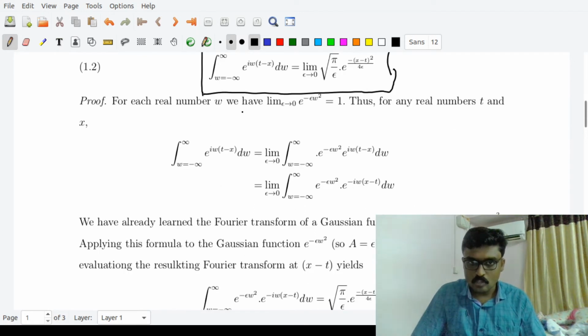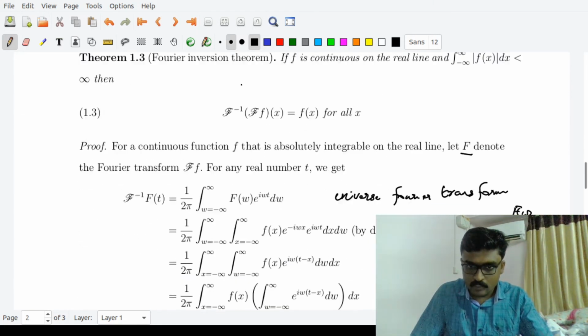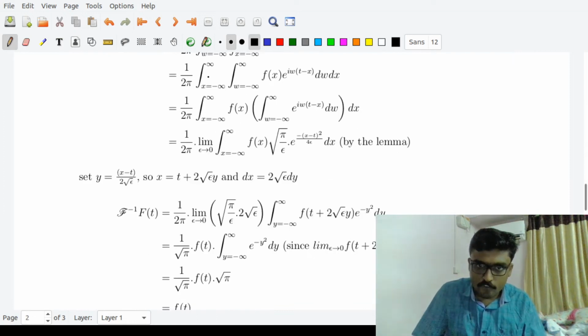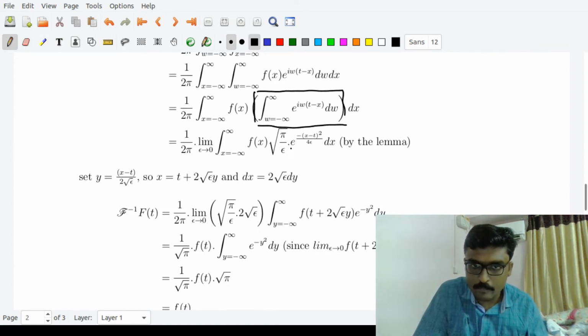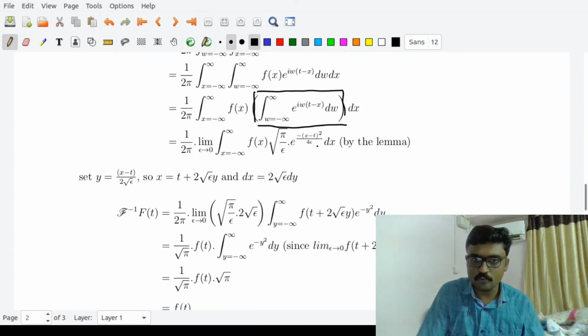Okay, so in the proof we replaced this term using the lemma, root pi by epsilon e raised to minus x minus t square by 4 epsilon dx.